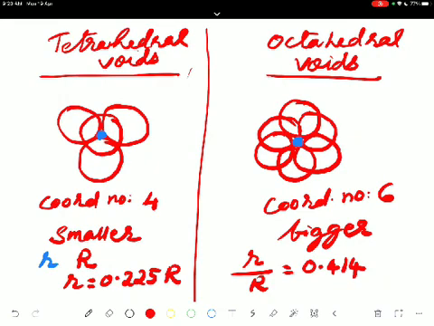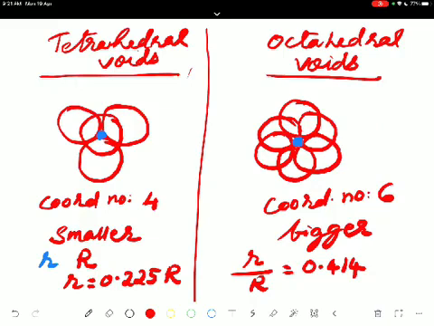Now, in the next class, you will be placing the third layer spheres, third layer atoms, on either all these octahedral voids or on all the tetrahedral voids. Octahedral voids and tetrahedral voids may or may not be filled at the same time because the cation sizes are different.